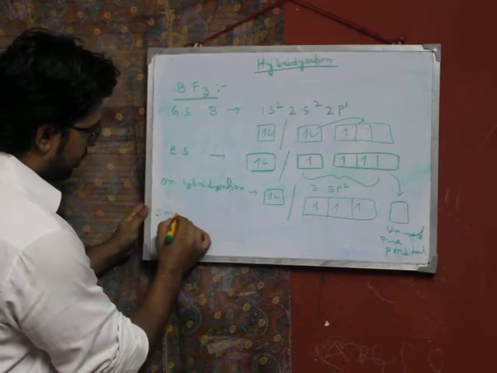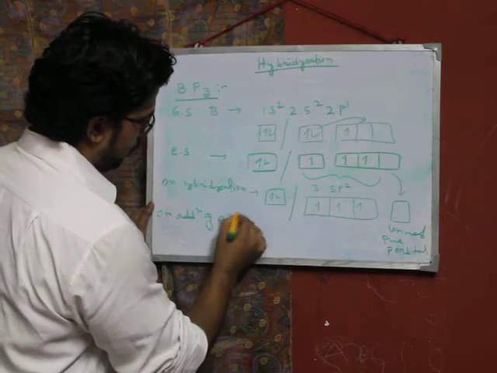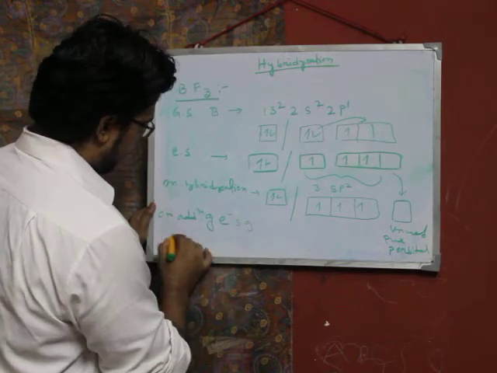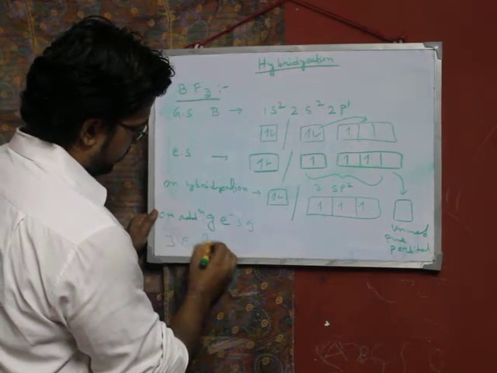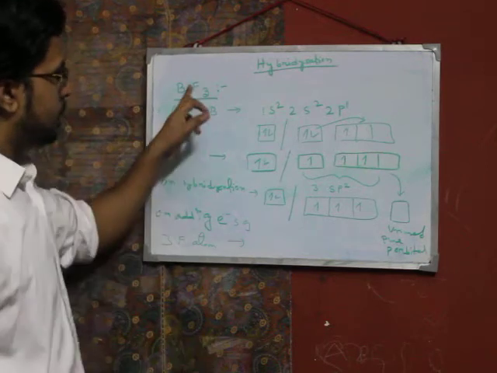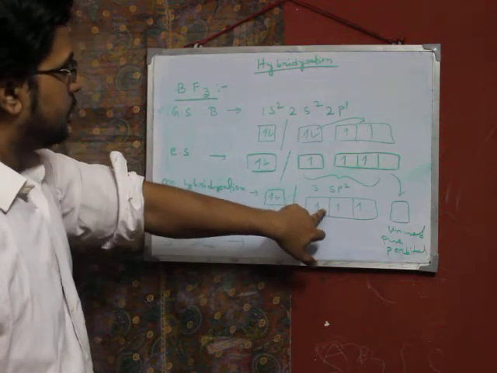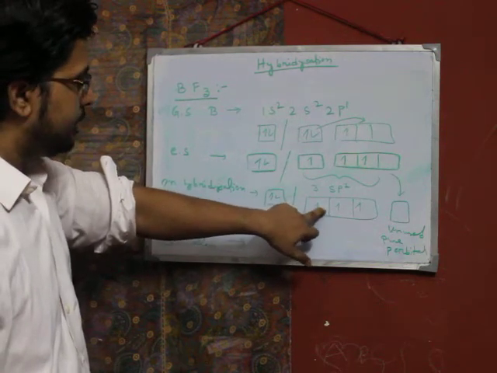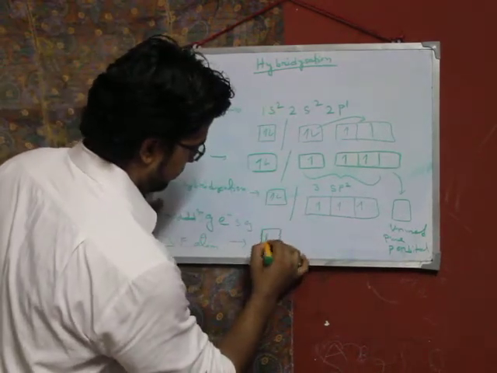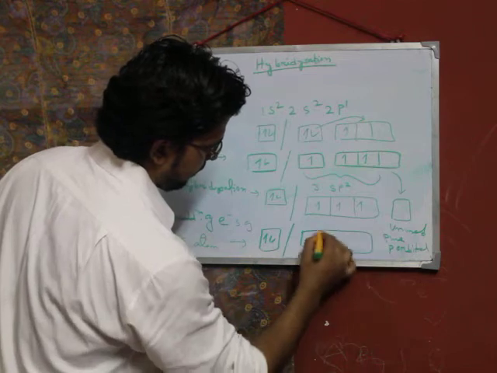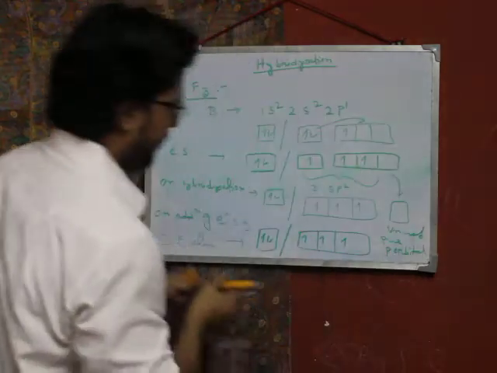Now on addition of electrons of three fluorine atoms, the three fluorine atoms will donate electrons to form three B-F bonds.